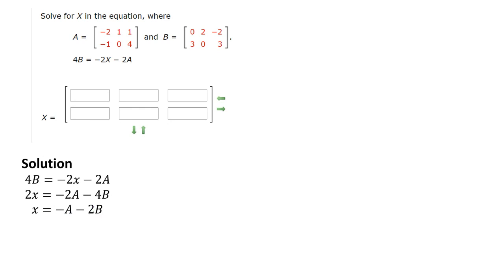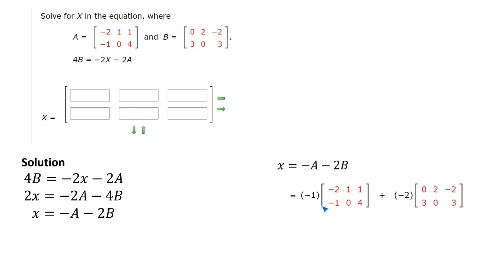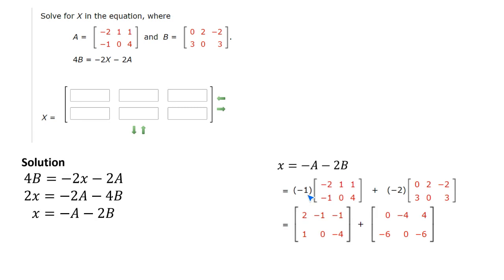So now I can just substitute the matrices. So here I have a -1, I have my A, and then I have my -2 and my B. The order is the same, 2 by 3, 2 by 3. So let's multiply the -1 into the matrix. So we end up with 2, -1, -1, 1, 0, -4.